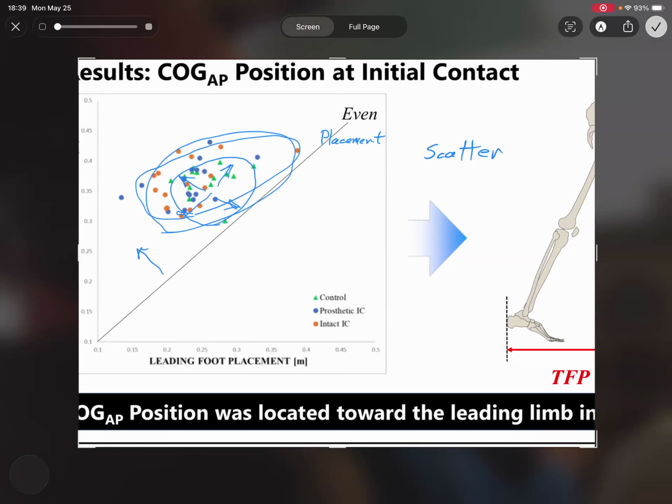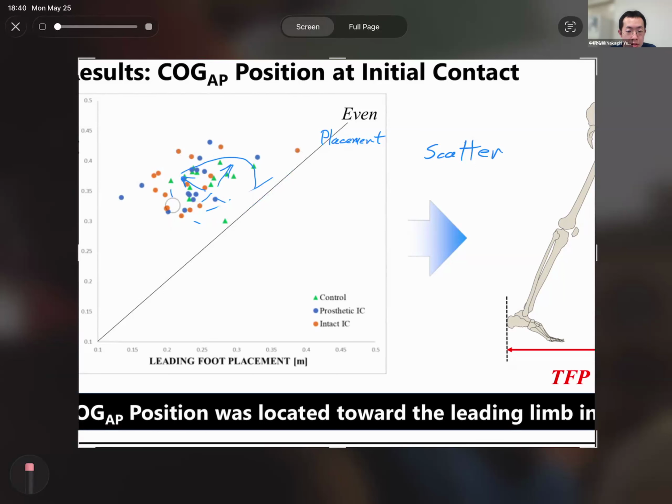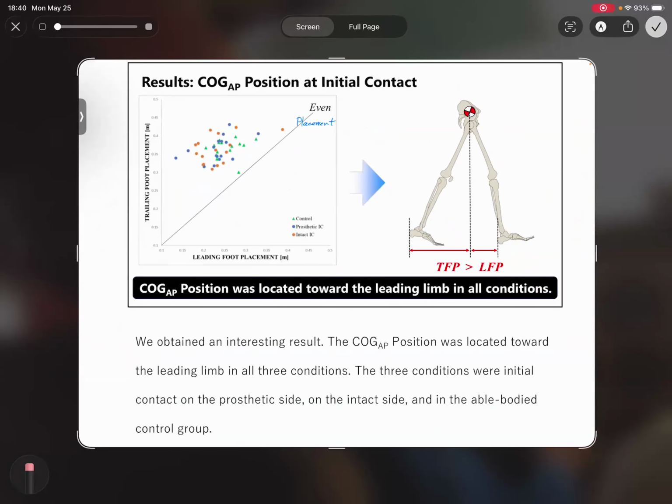There's no greater or lesser tendency, but the tendency is a scatter. Was that your conclusion? Yes, it was. Okay, it's good. Wide deviation. Scatter.